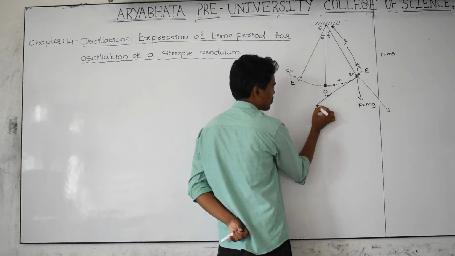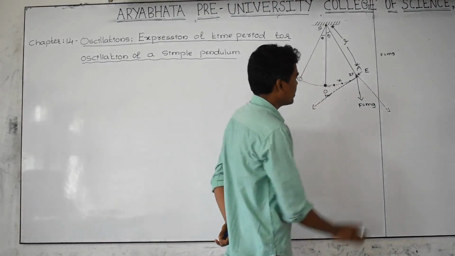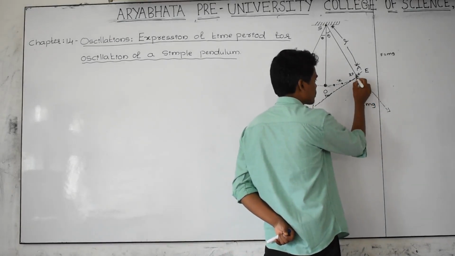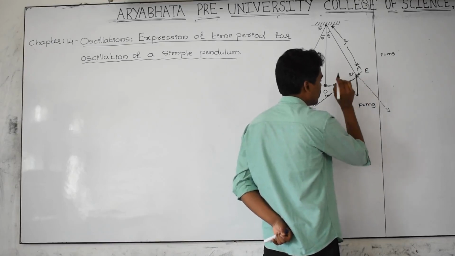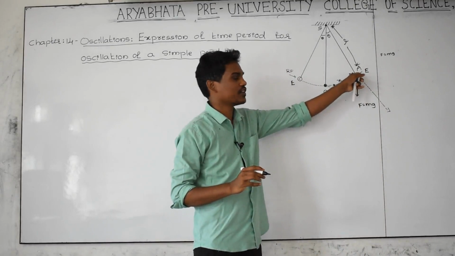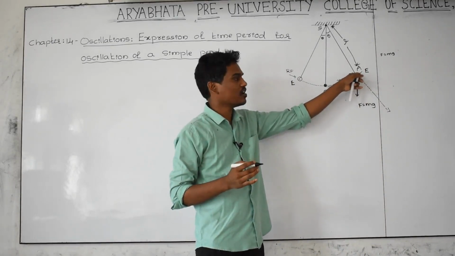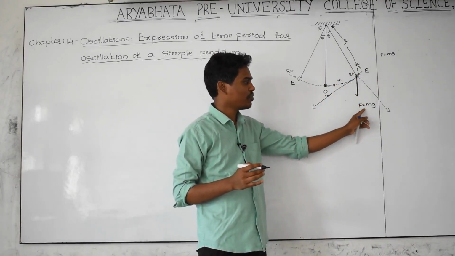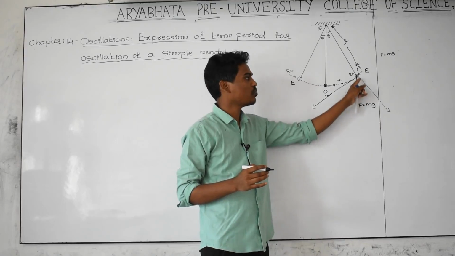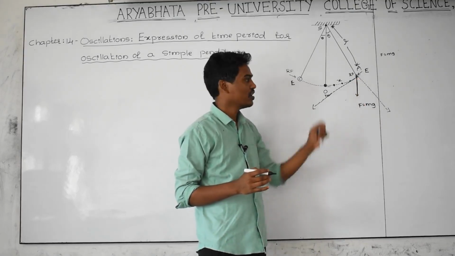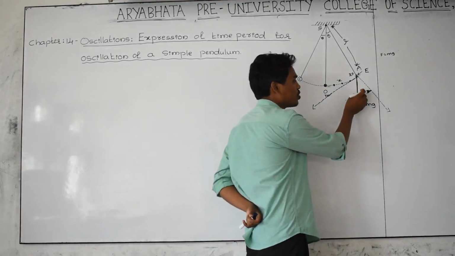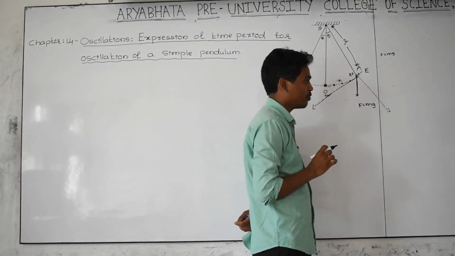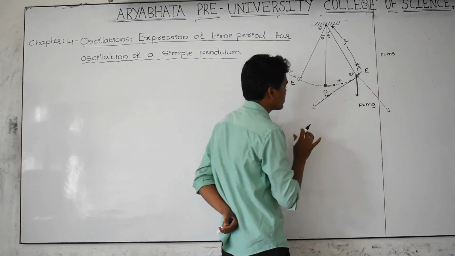What I did here: when the body is at this point, the force acting on the body by the earth in a downward direction is F equal to mg. F is nothing but the force acting on the body in the downward direction by the earth. And I have divided this force into two parts. This is the first part, this is the second part. We are going to call them components, in the sense of parts.